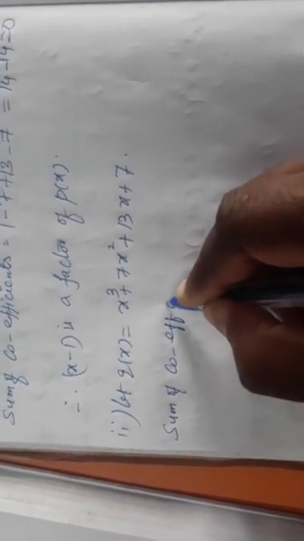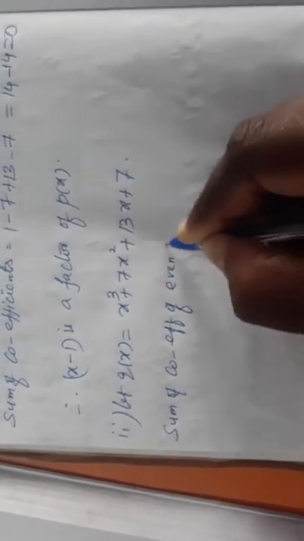Prove that x plus 1 is a factor சொல்லி கேட்குறாங்க. அப்போது x plus 1 அதோட factor அந்த condition என்ன, sum of the coefficients of even power of x and constant term is equal to the sum of the coefficient of odd power of x condition. அப்போ என்ன செய்யலாம்னா sum of coefficient of even power of x with the constant term.